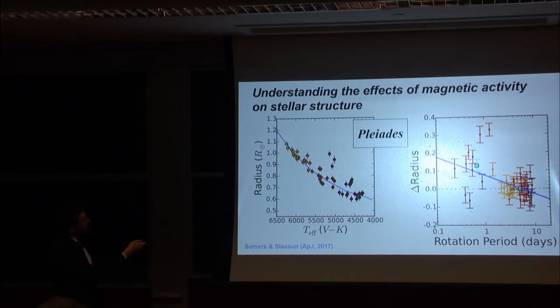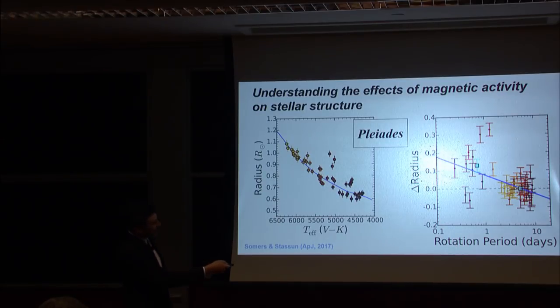And so here what you can see for the Pleiades, and this has been scrubbed of known binaries, is that most of the Pleiades follow some standard isochrone, but a number of them are clearly above.